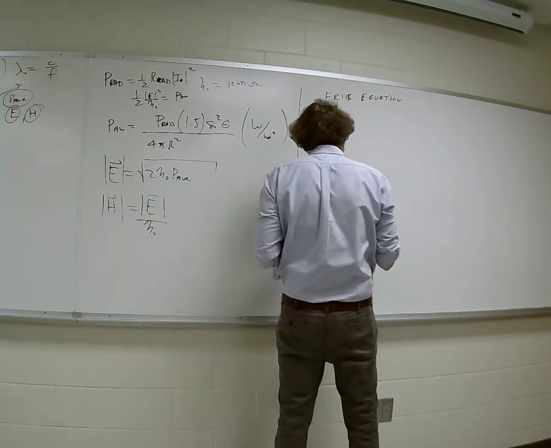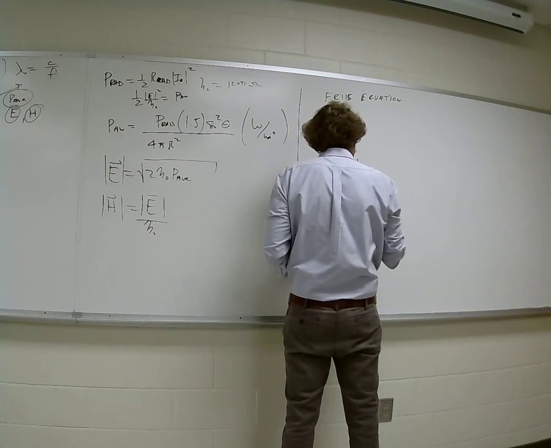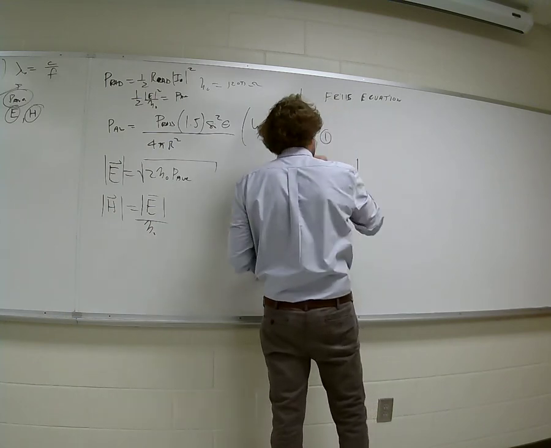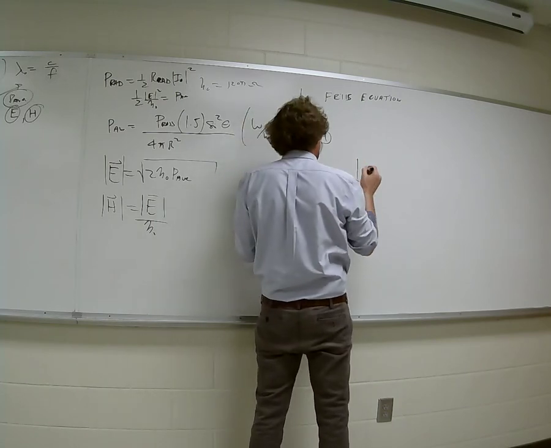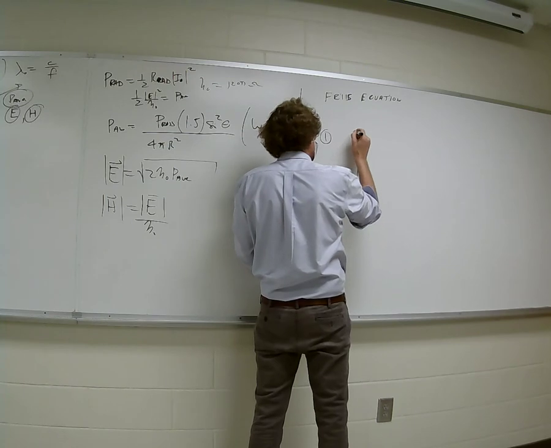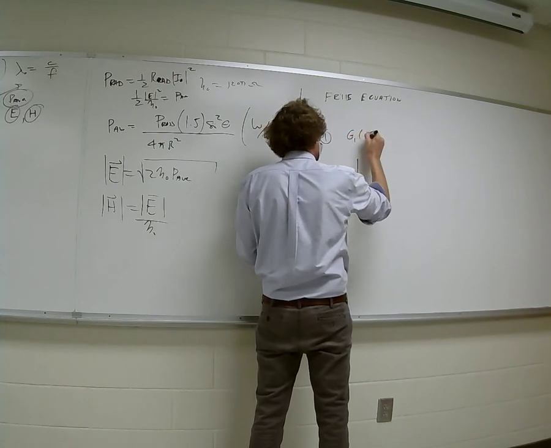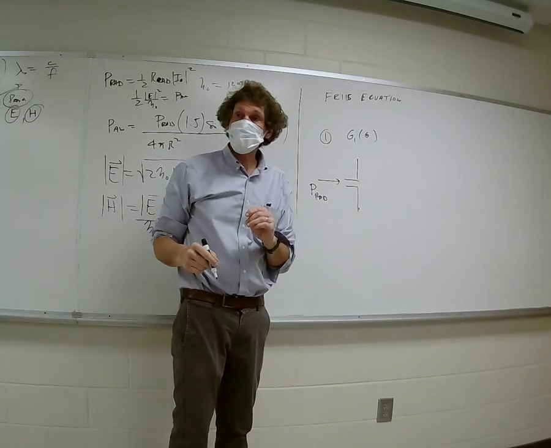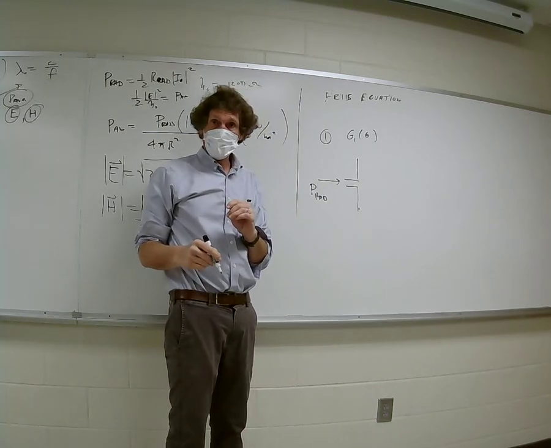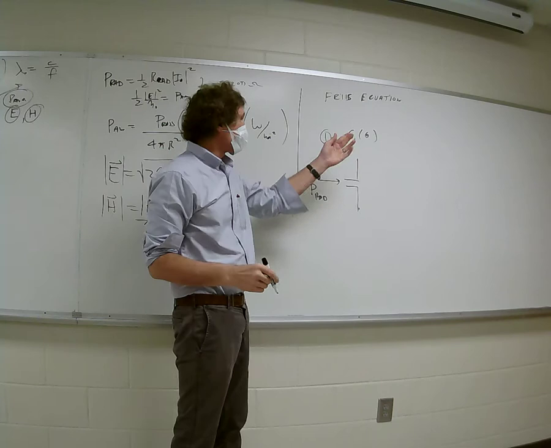It says if I have an antenna 1, and antenna 1 has an incoming power P radiated, and antenna 1 has a gain G1 as a function of theta or phi, or theta and phi. Remember, gain is not a function of R, right? Correct, class?